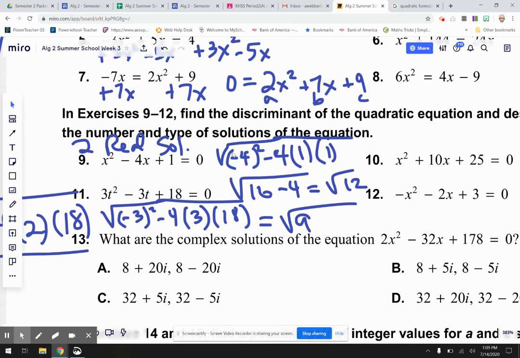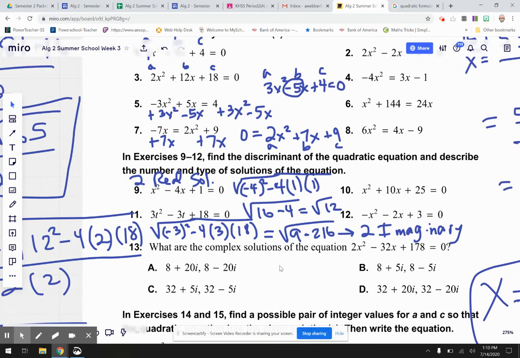Let's do that real quick on my calculator. 12 times 18. You get 216. So 9 minus 216. So this is just going to be two imaginary solutions because it's negative. So two imaginary solutions. Okay, so that's your discriminant.